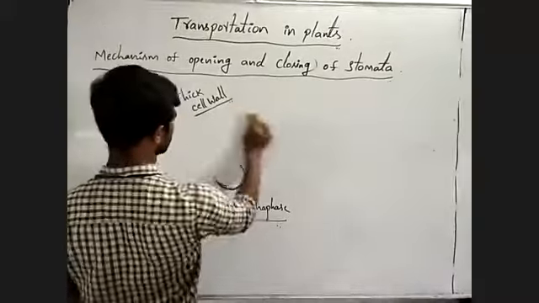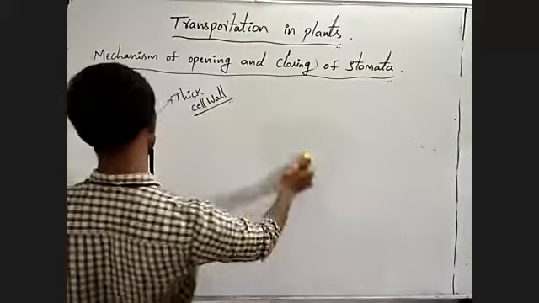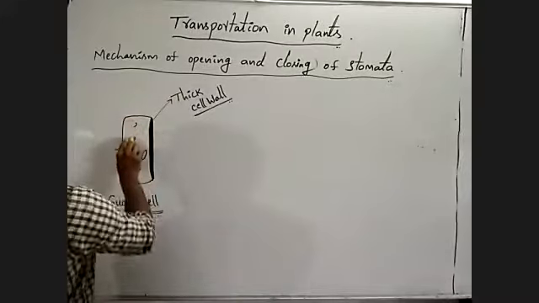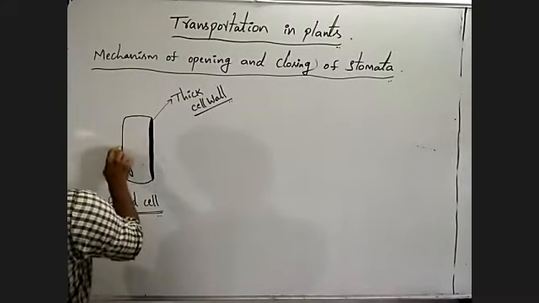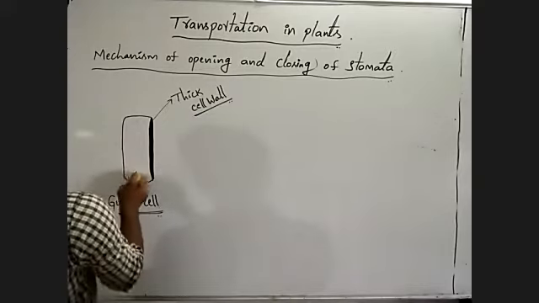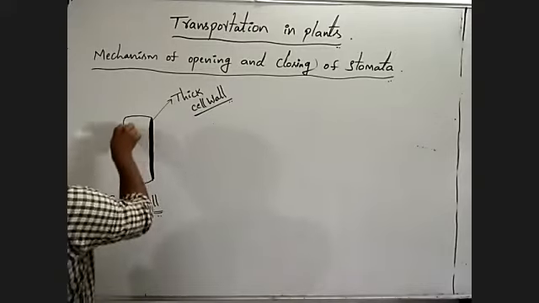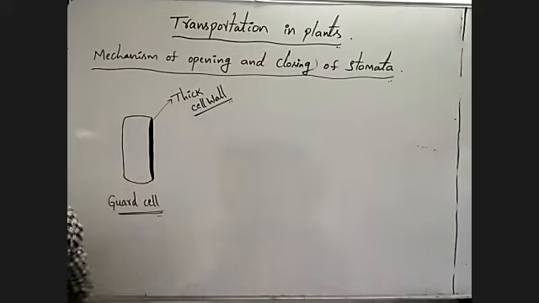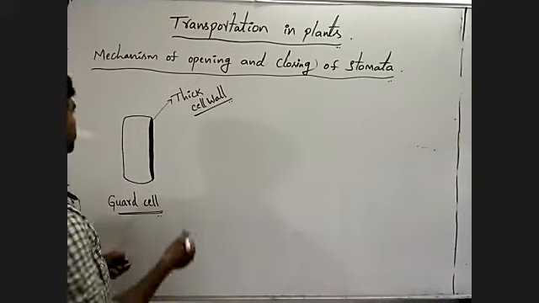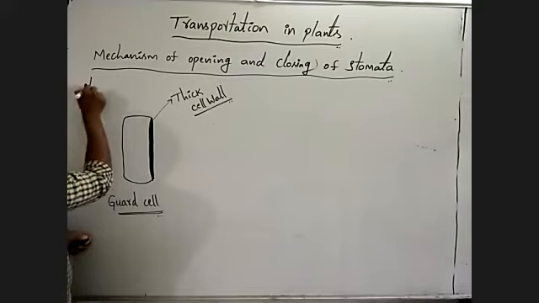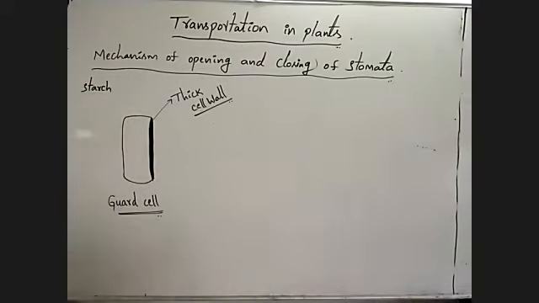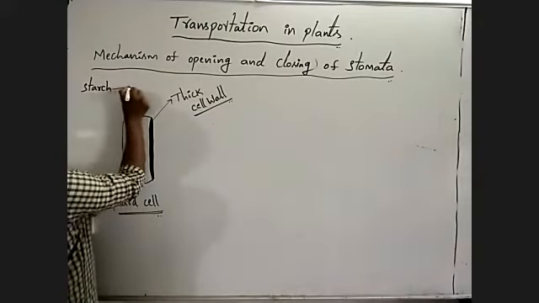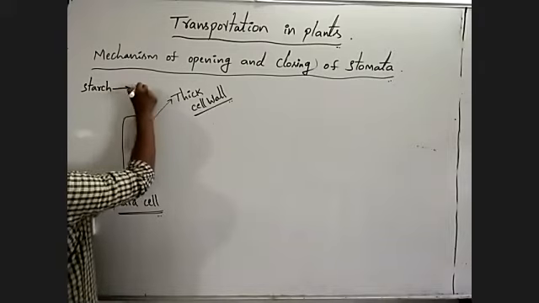How? Observe one. Chloroplasts are present here. Because of chloroplasts, the photosynthesis process takes place. Starch is formed. Starch is modified or converted into malic acid.